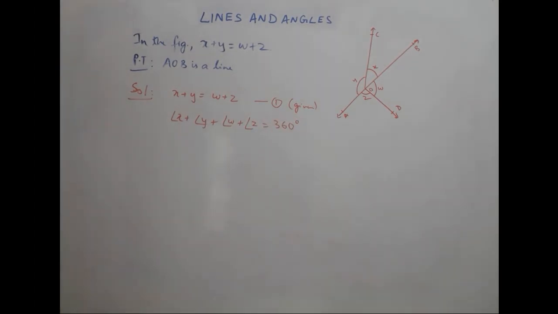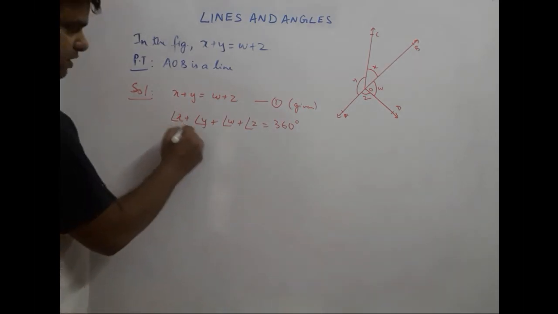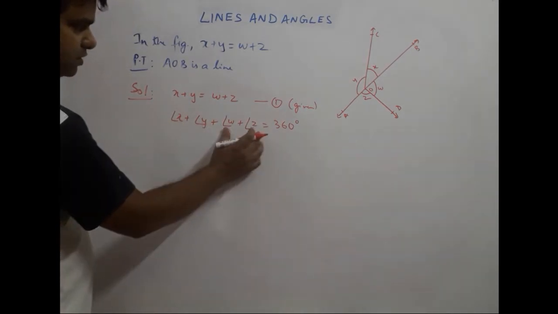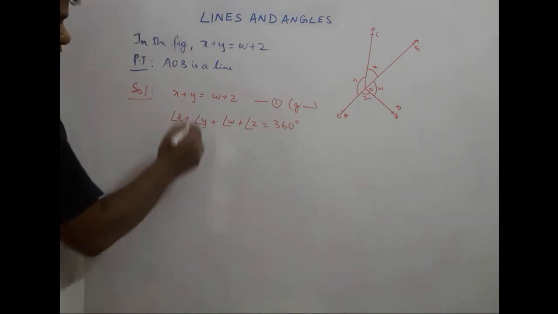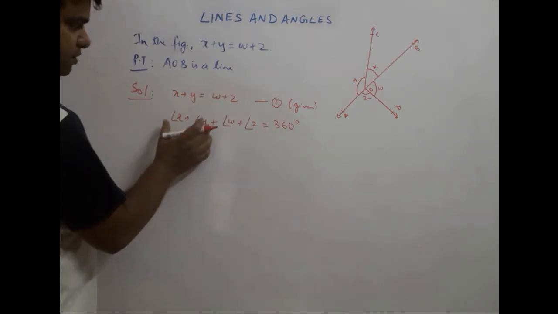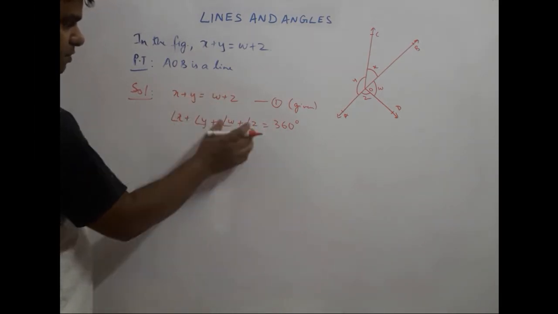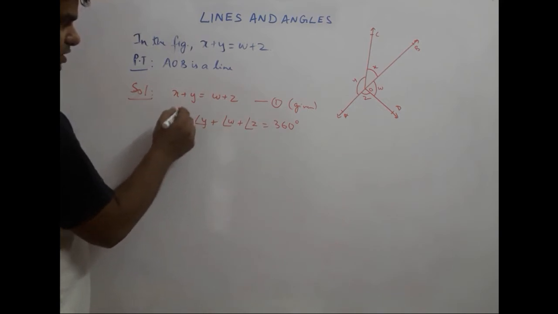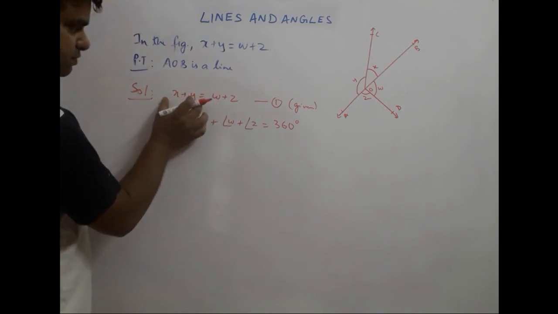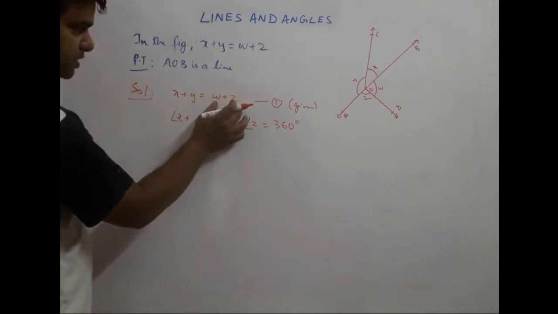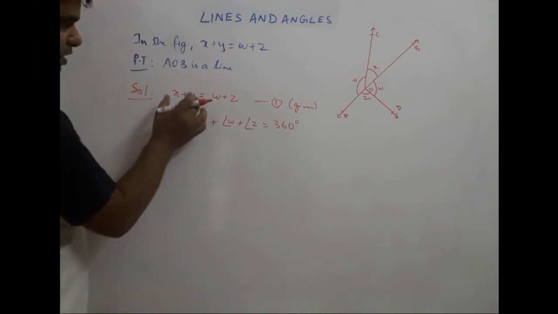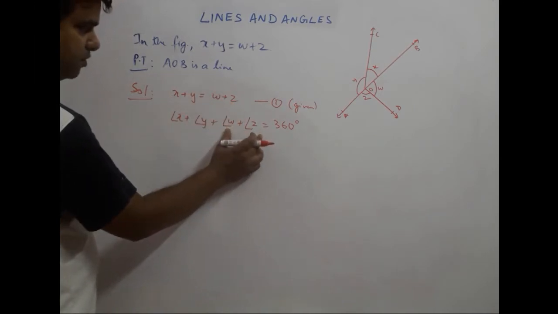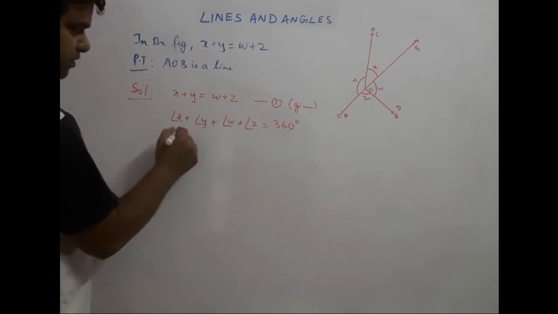The entire thing should be equal to 360 degrees. But we are also given that these two are equal to these two. So if we substitute one of them in place of the other, since x plus y is given equal to w plus z, we can replace w plus z with x plus y.